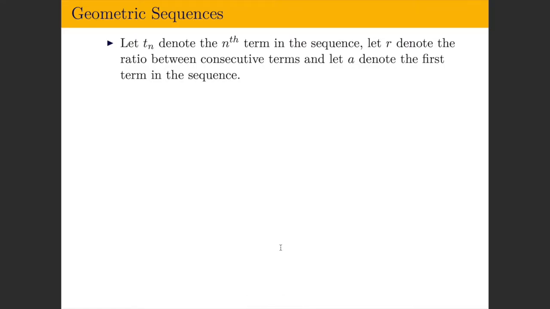Let's formalize this a little bit with some notation. We're going to say Tn is the nth term in the sequence, let r denote the ratio between consecutive terms, and A is the first term in the sequence. So the first term is A. The second term is A multiplied by r.